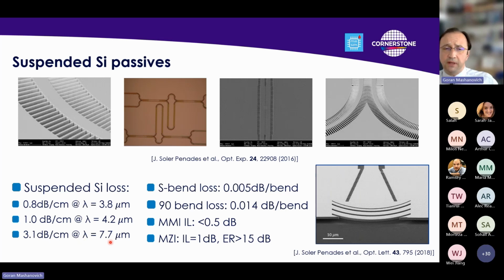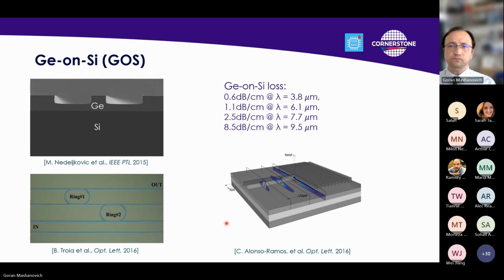But I need to mention that at this particular wavelength, we already have 2 dB per centimeter material loss from silicon. So if you subtract that, we're again about 1 dB per centimeter in terms of the scattering fabrication related losses. Bends, MMIs, Mach-Zehnders, very, very good numbers. And we have designs for methane, for nitrous oxide, for carbon dioxide, which can be used.